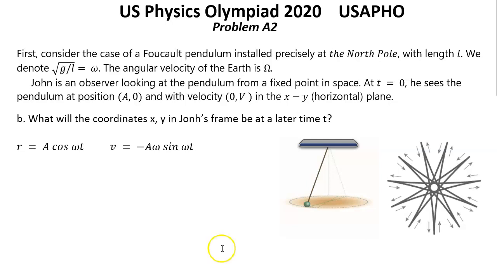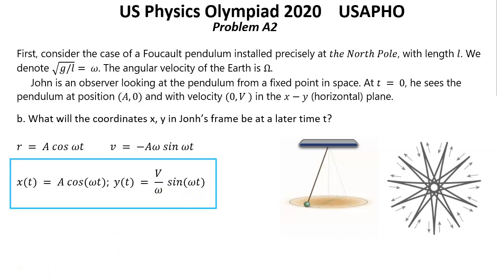If we use the initial position and velocity like this, in that case the solution will be x equal a cosine omega t and y equal v over omega sine omega t. So that's the solution, and this is the answer for question B.